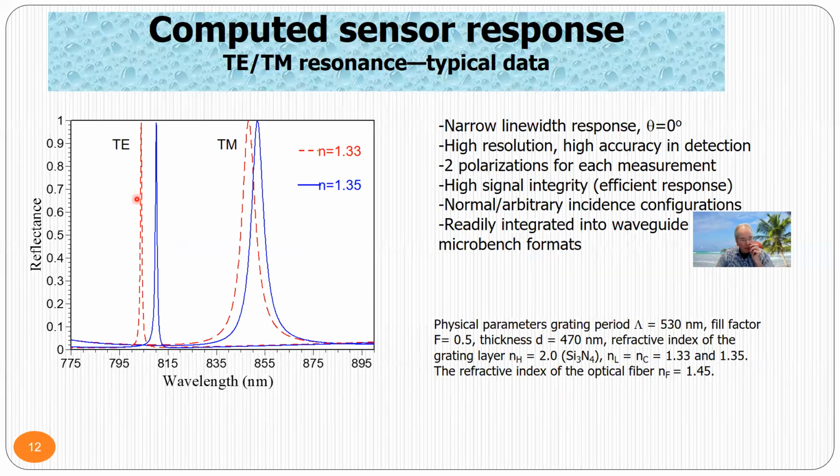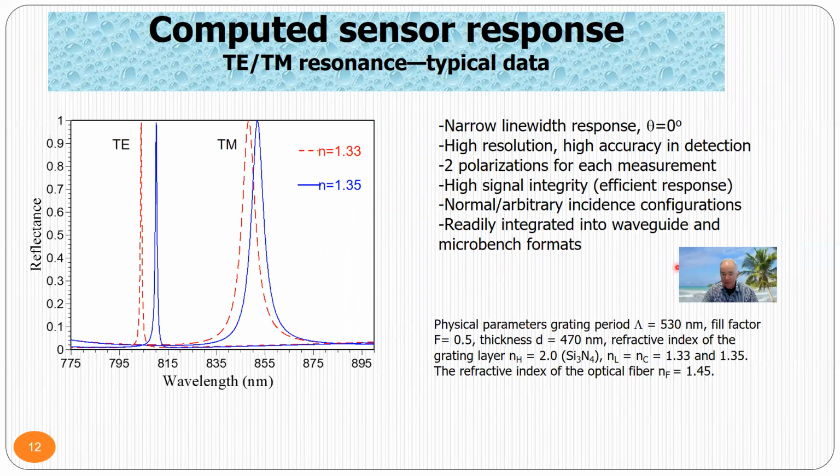For one refractive index, you see one response in TE and another in TM, and then we change the index, and these resonance wavelengths shift. And that's the key to the measurement. The lines are quite narrow, much narrower than for the surface plasmon resonance sensor. That is also a good sensor, by the way. But we can have two polarizations for each measurement, which can be very useful.